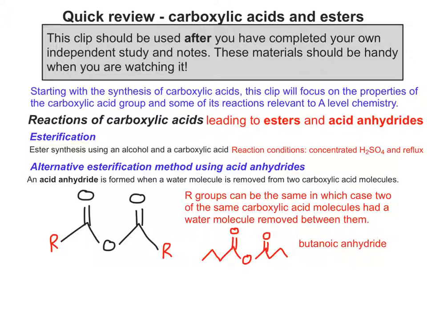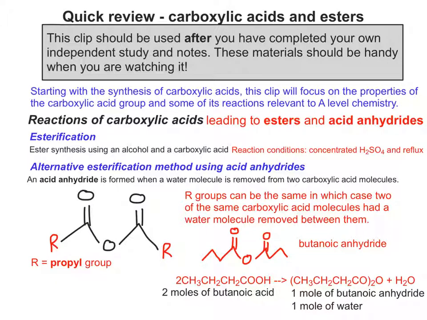So if we were to take butanoic anhydride, for example, remembering that R will be a propyl group, so that the carbon that's on the C double bond O adds on to that to make it butanoic anhydride. And if we look at the equation for the production of butanoic anhydride, you can see it's 2 moles of butanoic acid giving you 1 mole of butanoic anhydride and also 1 mole of water.